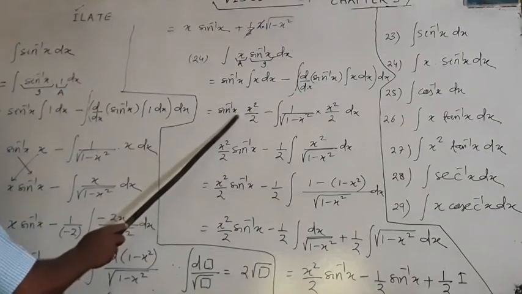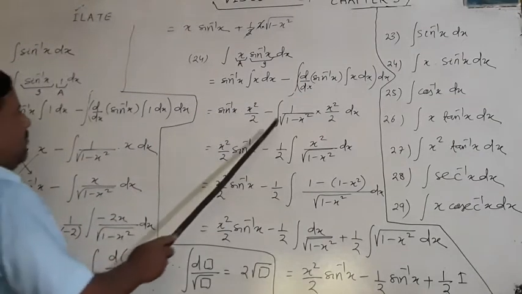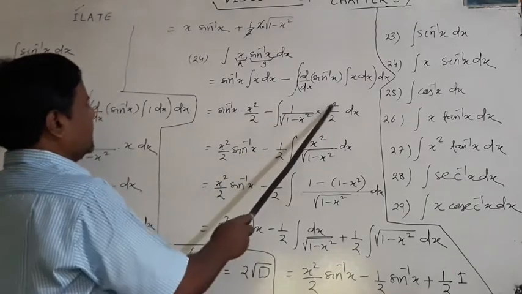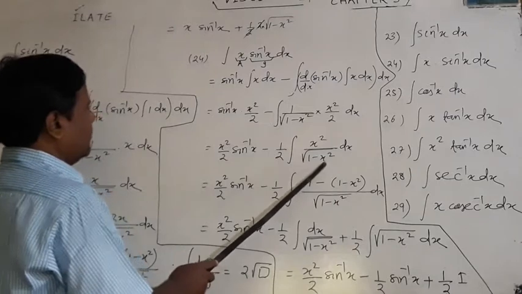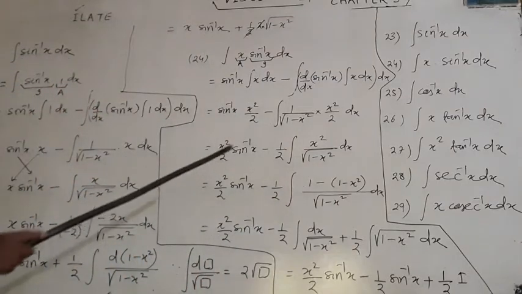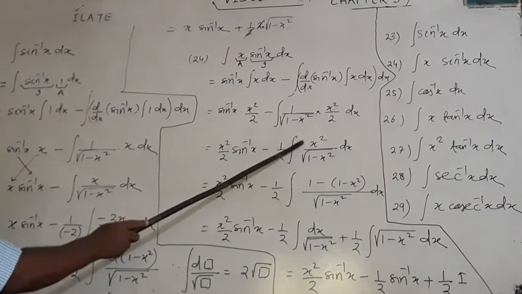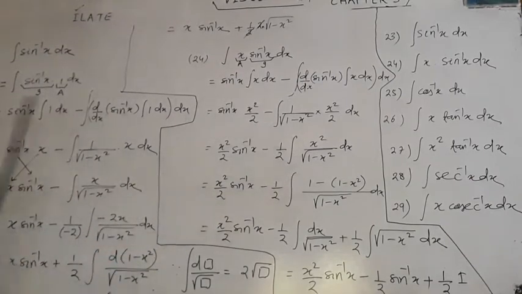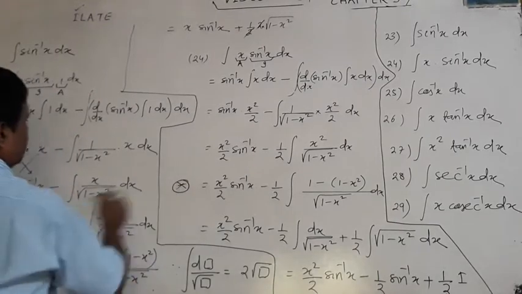So x square by 2, keeping it in first position: x square by 2 sine inverse x minus 1 by 2 x square by root of 1 minus x square. Why is this 1 by 2? Because it is a constant, so it is x square. And from this step to this step, it is very important. So I am putting one star mark in this step so that you should observe it.